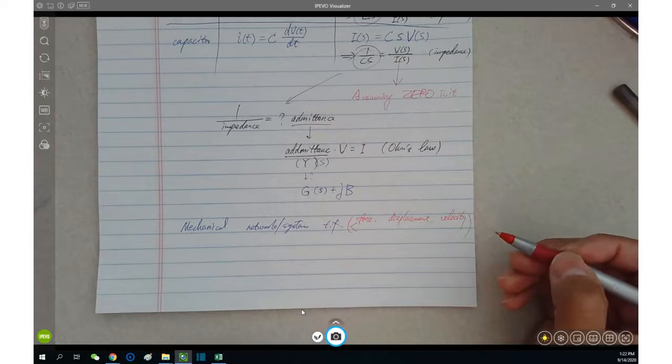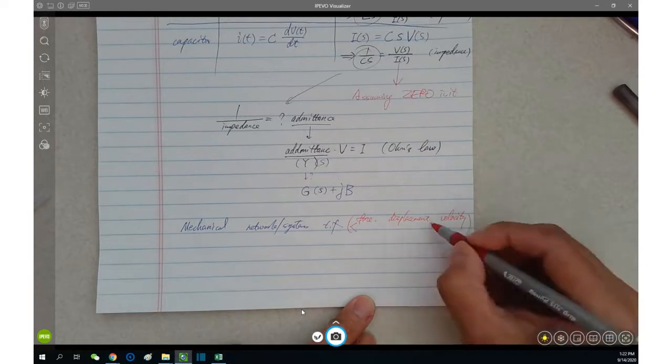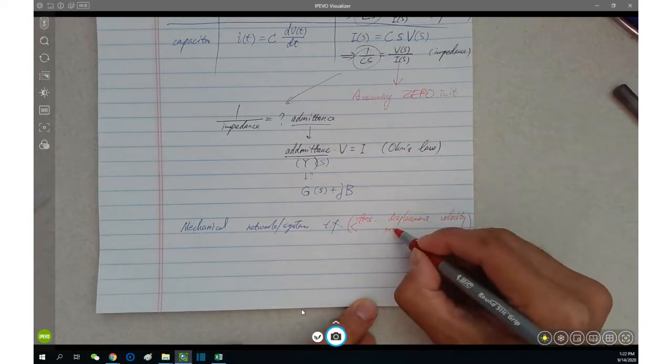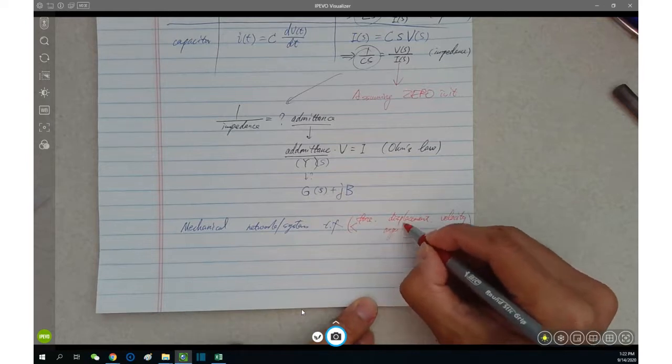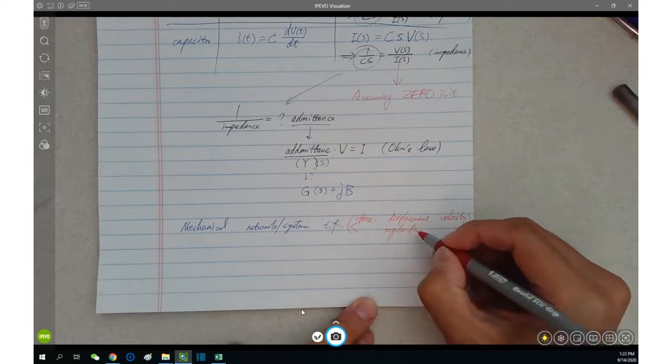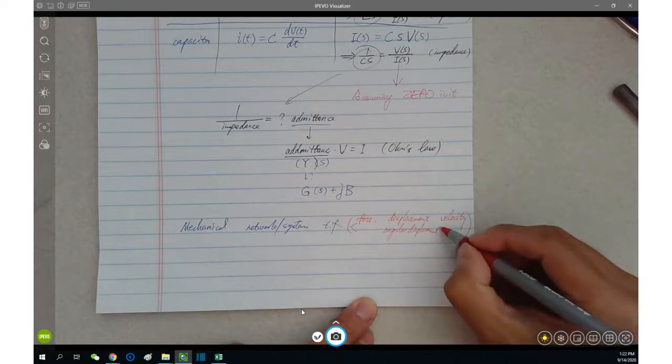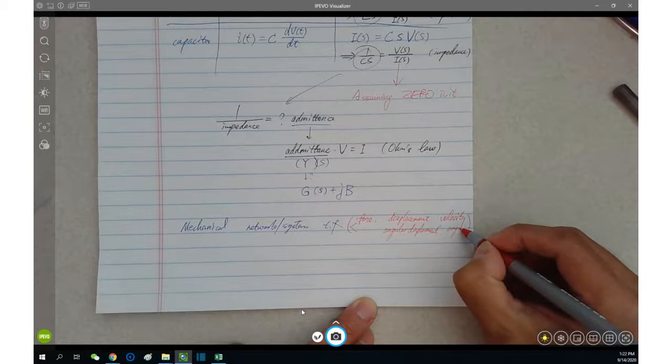The rotational system is not horizontal displacement, but angular displacement and angular velocity.